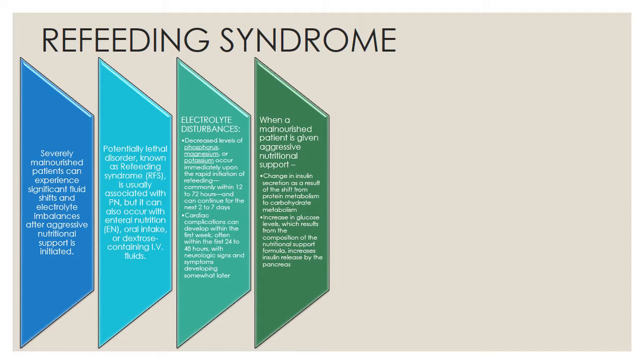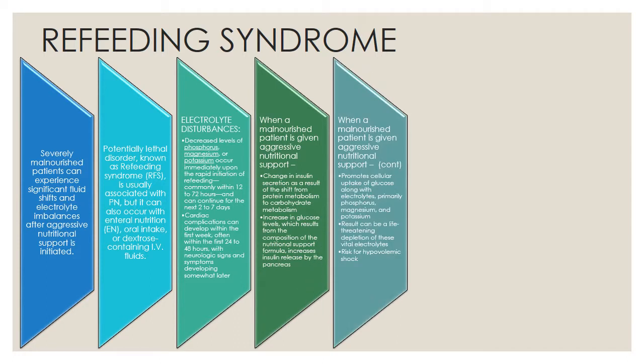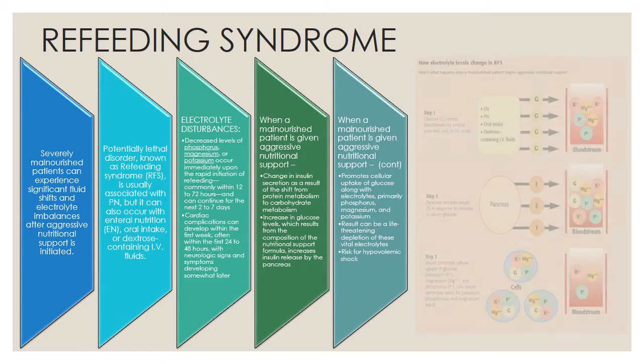This increase in glucose levels results from the composition of the nutritional support formula, which increases insulin release by the pancreas. Aggressive nutritional support also promotes cellular uptake of glucose along with electrolytes, primarily phosphorus, magnesium, and potassium. The result can be life-threatening depletion of these vital electrolytes, and it puts them at risk for hypovolemic shock.